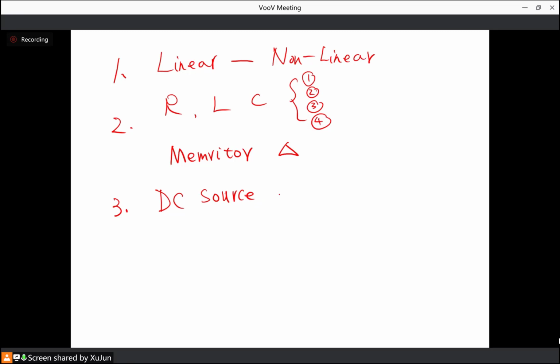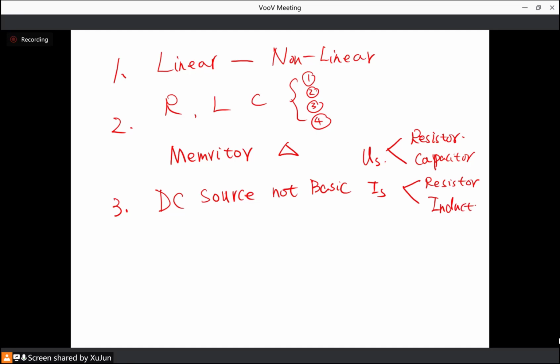The DC source is not a basic component. For the DC source, the voltage source US can be treated as a resistor or a capacitor. For the current source IS, we can treat it as a resistor or inductor. And then we have discussed the high-order components.